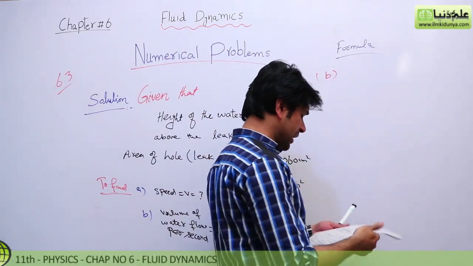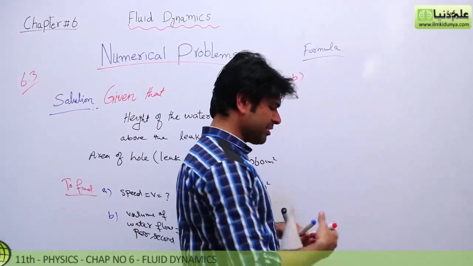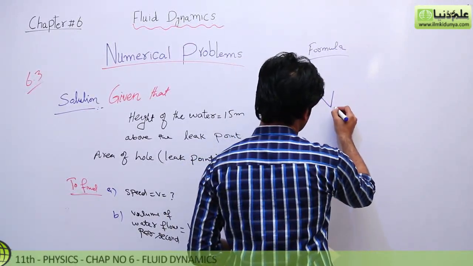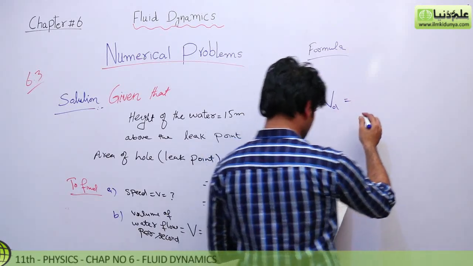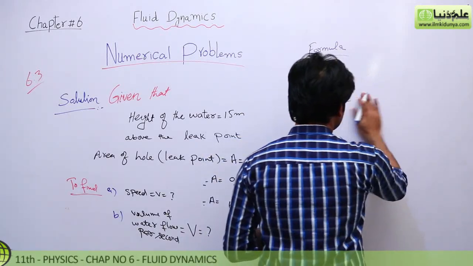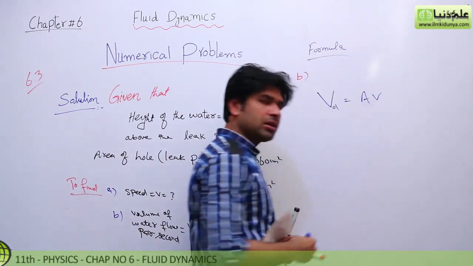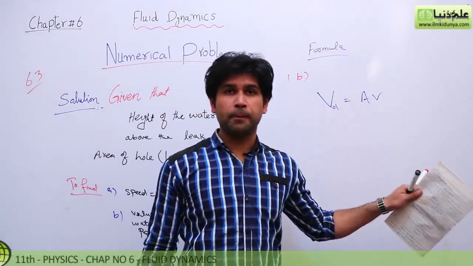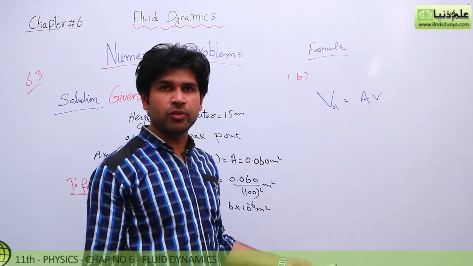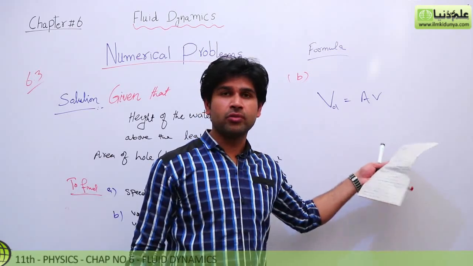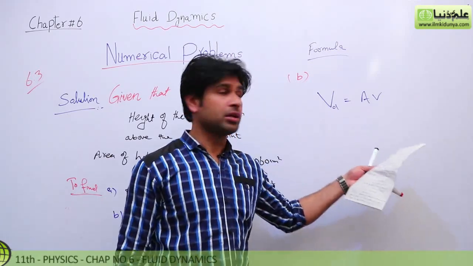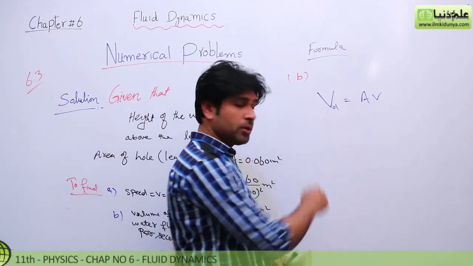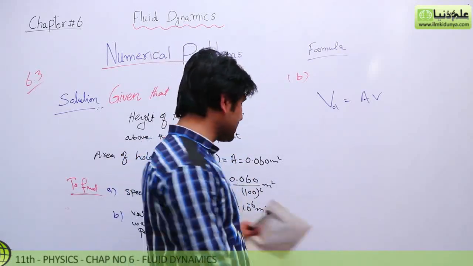For this, we know that from the equation of continuity, A1 V1 equal to A2 V2 is equal to constant, which is the volume flow of liquid or fluid per second. We can write as AV according to the equation of continuity. So first we will find out the volume, then we will find out the flow per second for this area.